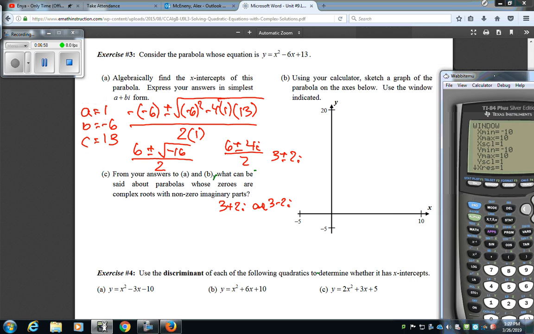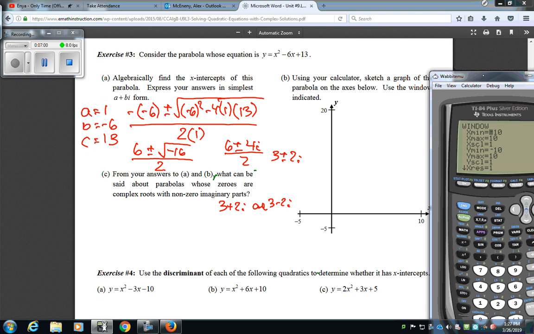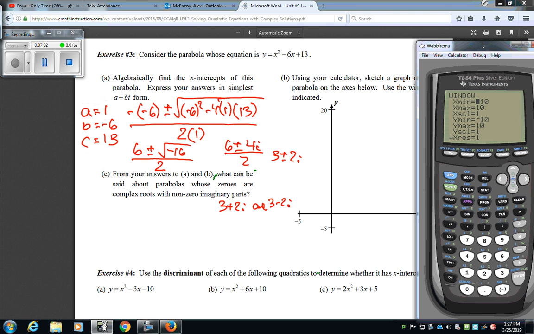And it looks like my x minimum and maximum are negative 5 and 10, and for the y minimum and maximum I got negative 5 and 20. So I'm going to go ahead and pull up my graph to see what it looks like here.